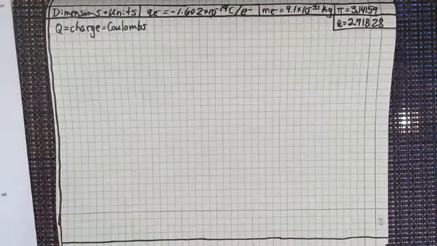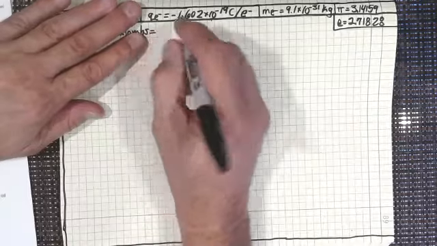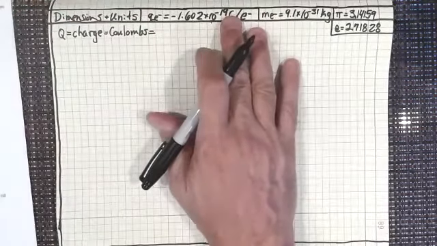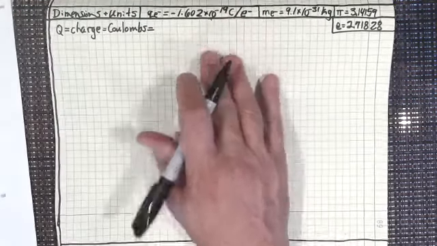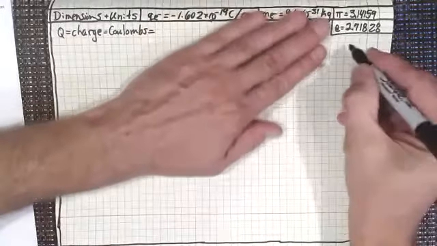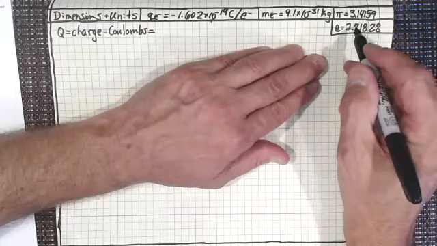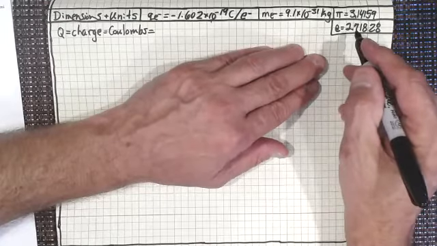So take that away with you, and you're probably way ahead of me guessing what I'm going to ask you to do next. Now let's just look at this for a second. So I know that one electron is minus 1.602 times 10 to the minus 19 coulombs, right?